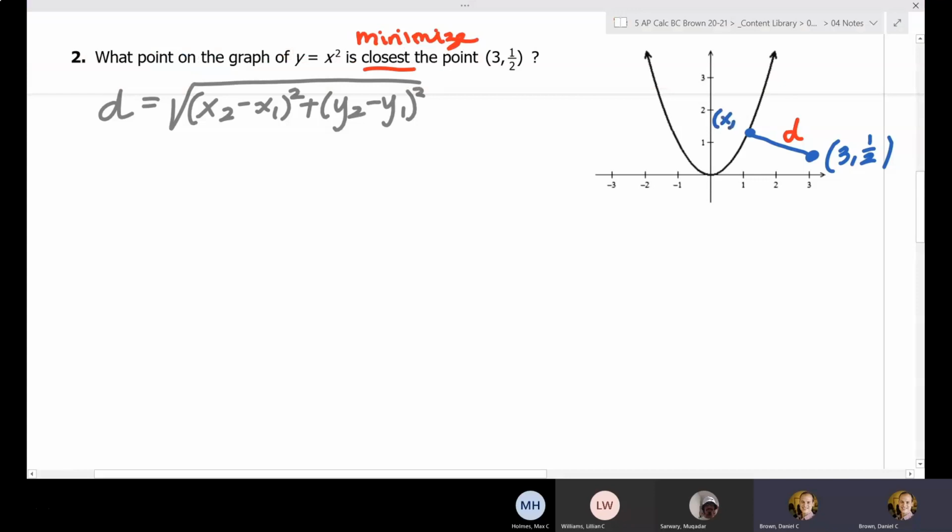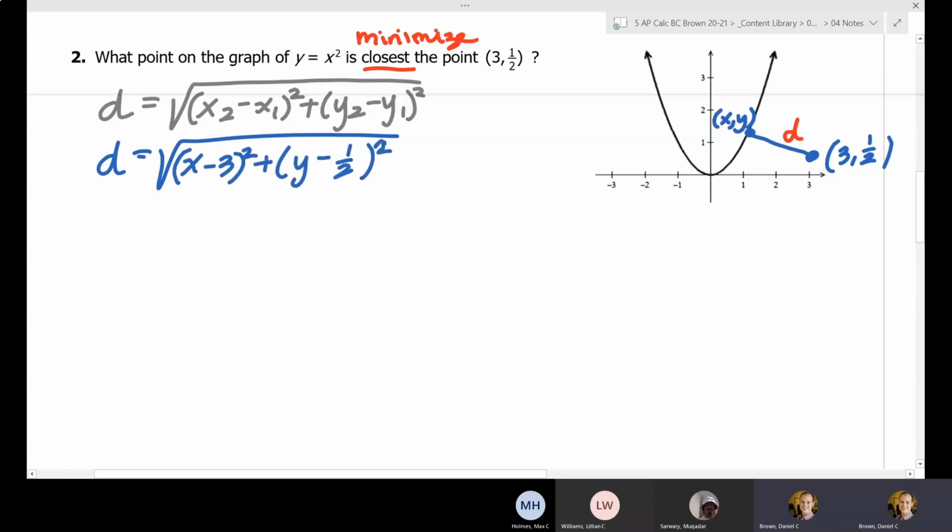We are trying to find the x comma y that is closest to the point 3 comma 1/2. So there are the 2 points that I can plug into my distance formula. So the distance is equal to the square root of, I have the change in x. Order doesn't really matter, but I'm going to do the variable one first. Plus the change in y squared.